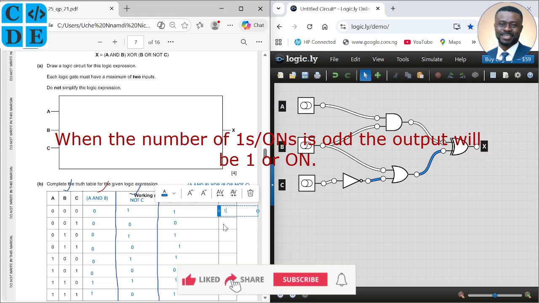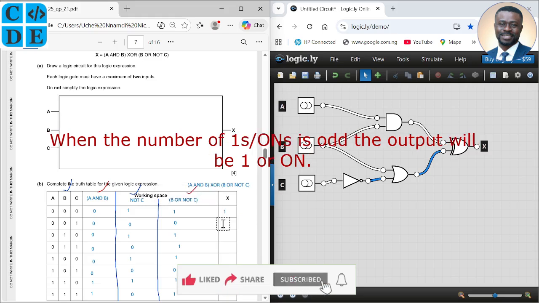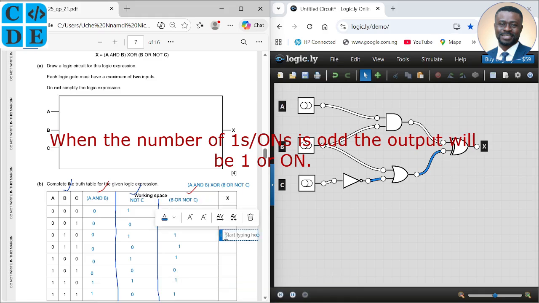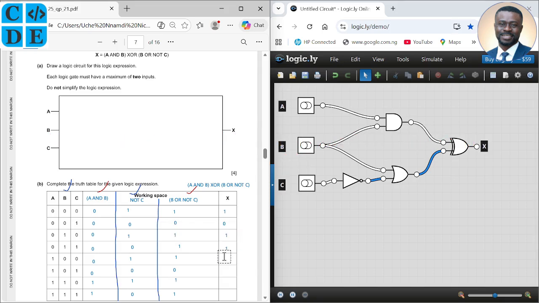So 0, 1 is 1. 0, 0 will give you 0 since the inputs are the same. 0, 1 will give you 1. 0, 1 will give you 1. 0, 1 will give you 1. 0, 0, they are the same, so we'll take 0. 1, 1 will give you 0, they are the same. 1, 1 will give you 0, they are the same.